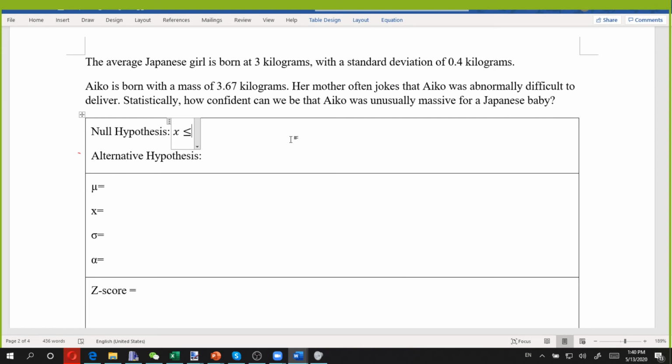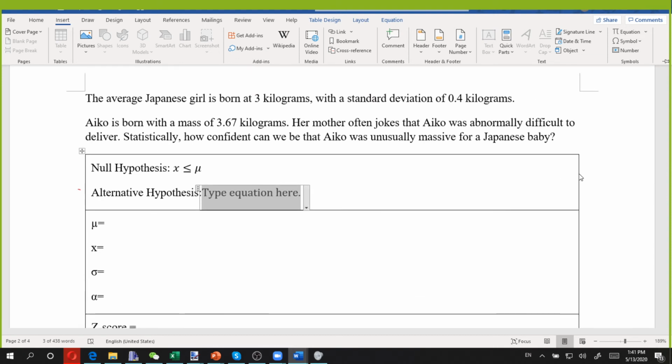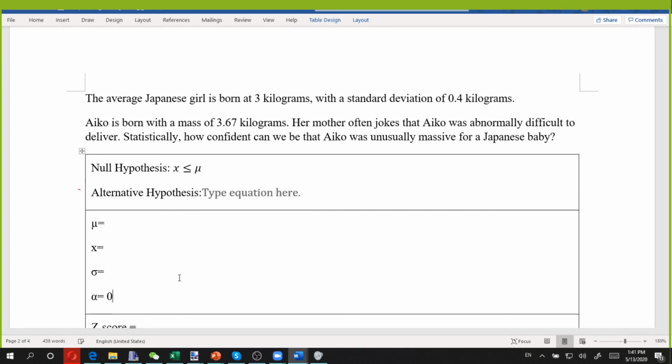Not standard deviation. Mu. Okay, and then what's the alternative? 0.05. Okay, 0.05 is our alpha, what we're willing to accept. What's our alternative hypothesis?